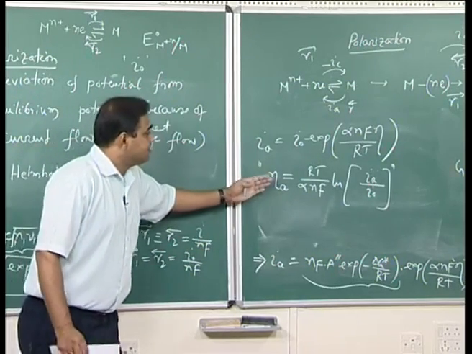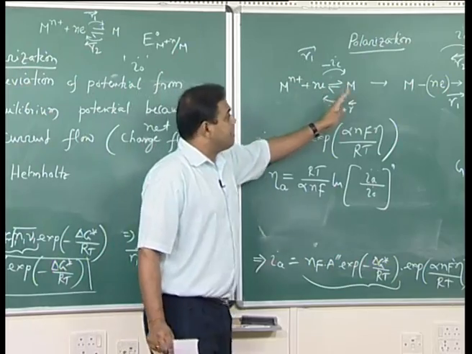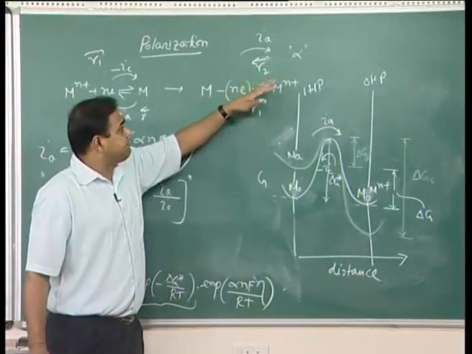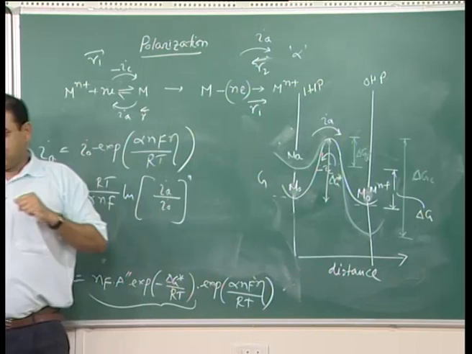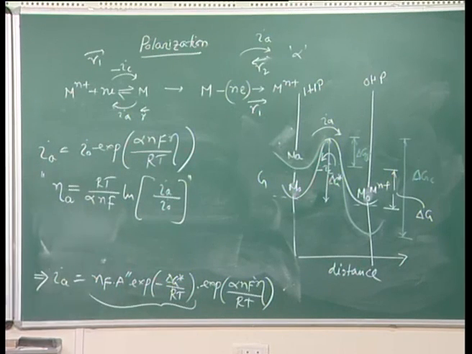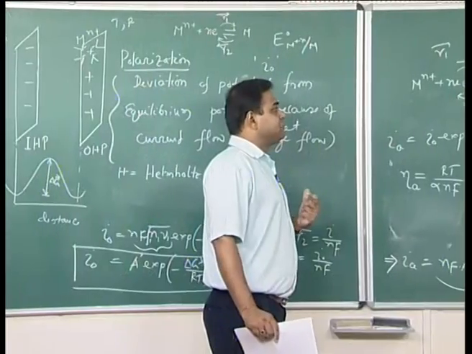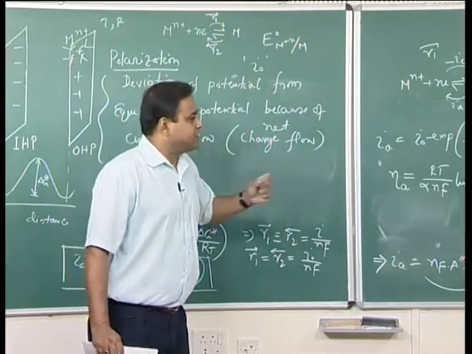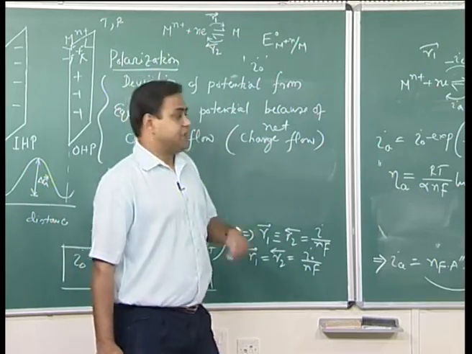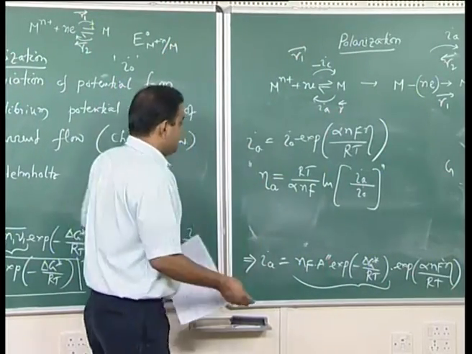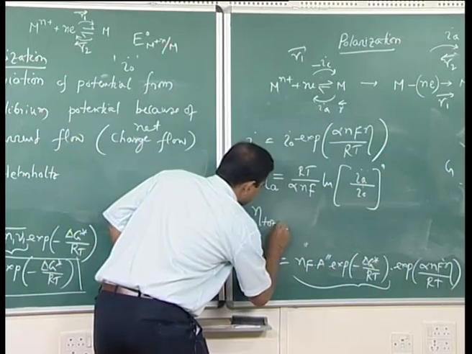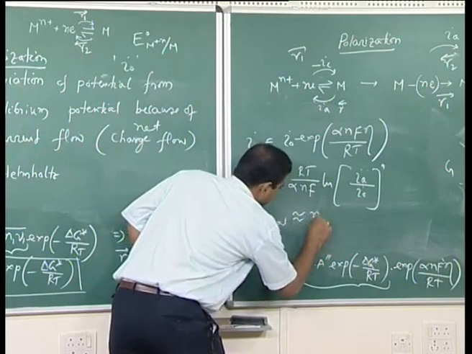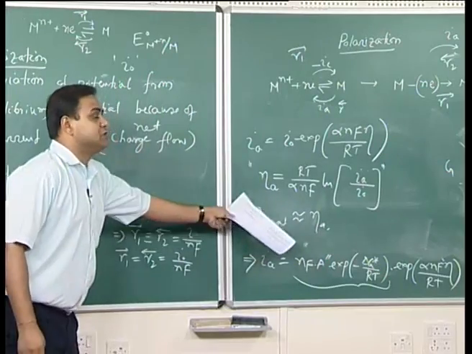Whenever you have a high rate of the forward reaction, I A is very much greater than I C, so the cathodic polarization would be very much negligible compared to the anodic polarization. So, if the I A value is very large, eta total would be equal to eta A. Later we will see that.